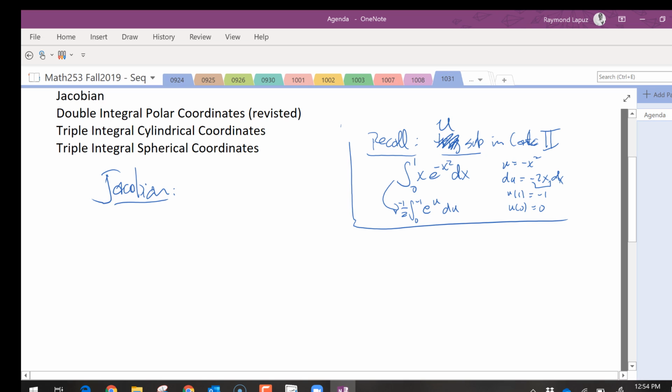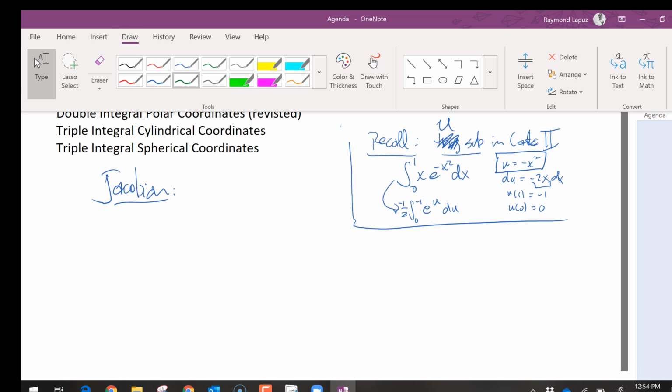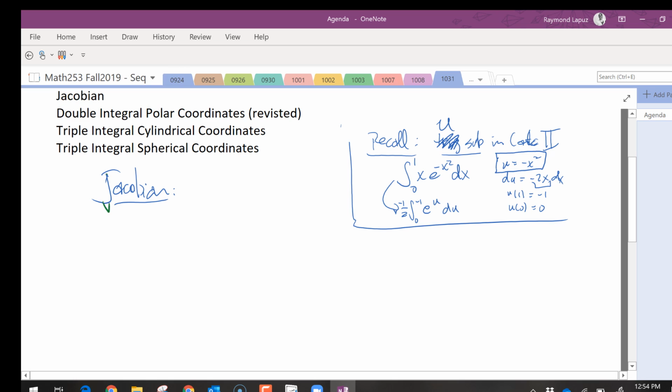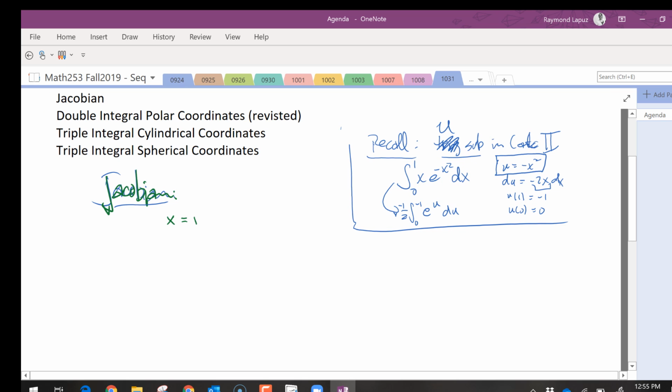And so with this as the key to our changing the variables, let's see if we can see what happens when we change the variables in double integrals. We're looking at x is equal to r cosine theta and y is equal to r sine theta, right?